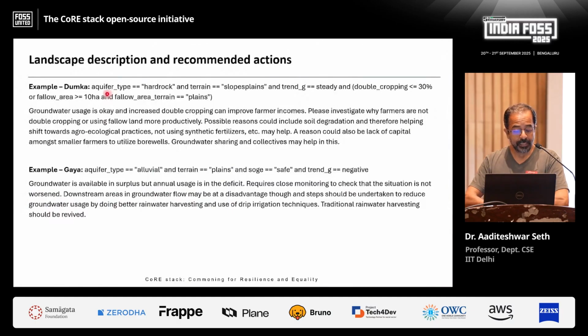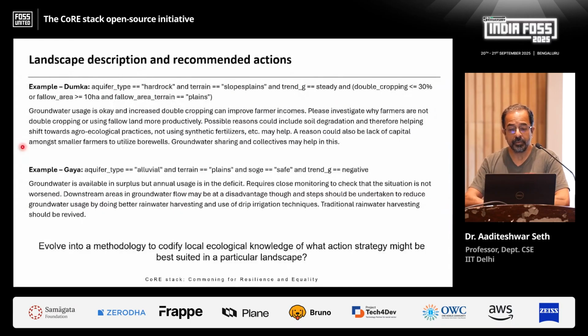Now, one of the things, why are we doing all this? Because the cool thing is that once you're computationalizing these units, we are in a position that we can start writing these kinds of expressions, just logical expressions: in areas where the aquifer is hard rock and the terrain is a mix of plain and slopes and groundwater is steady and double cropping is in some range, what should be done?